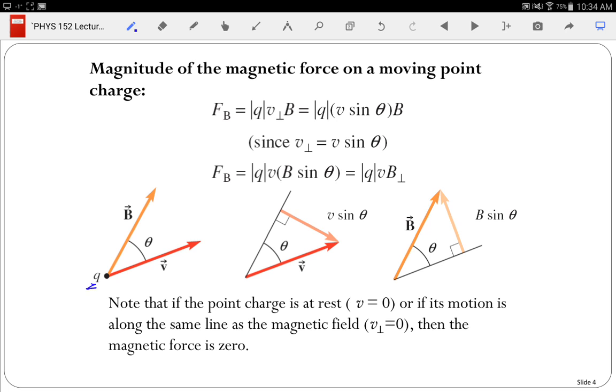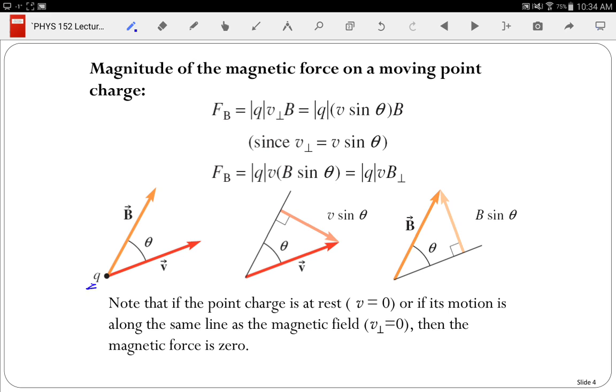To calculate the force, I have to find the product of the perpendicular components of the velocity and magnetic field. And when you say the perpendicular components, you could ask, am I looking for the velocity perpendicular to the magnetic field, or the magnetic field perpendicular to the velocity?